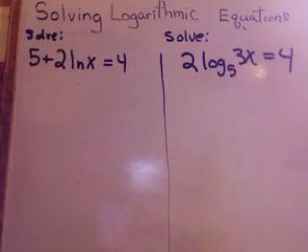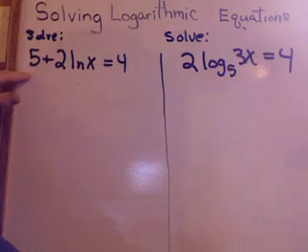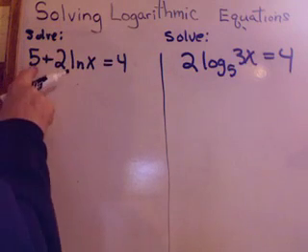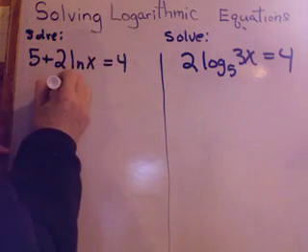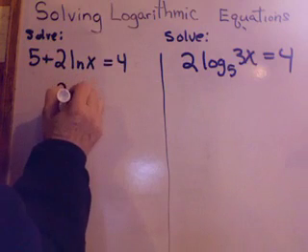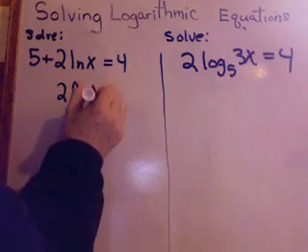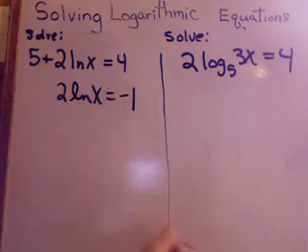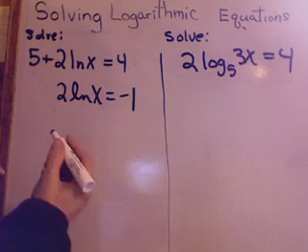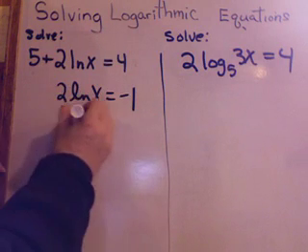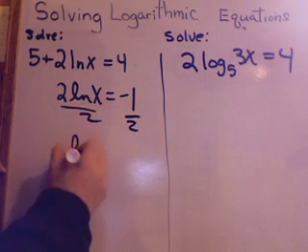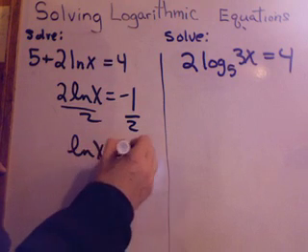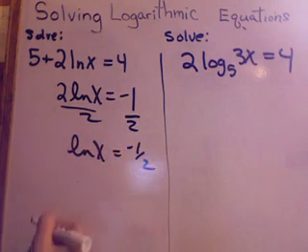So, let's do some solving of logarithmic equations again here. First thing we want to do is move the 5 to the other side. So I'm going to rewrite this 2 ln x equals negative 1. Divide by 2. Ln x equals negative 1/2.